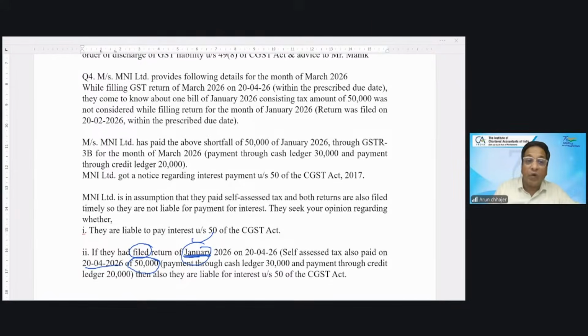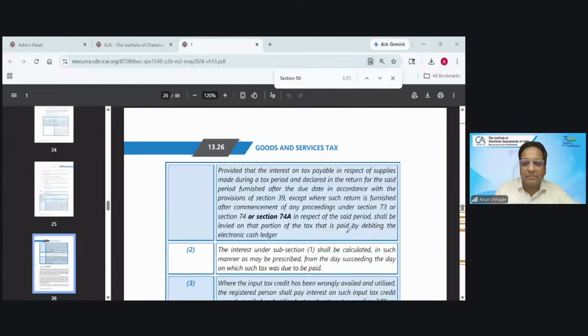Okay. Now in that case, the provision says that interest would be applicable on the portion which has been paid by debiting the cash ledger. In this example, the amount paid through the cash ledger was 30,000 and through ITC 20,000.